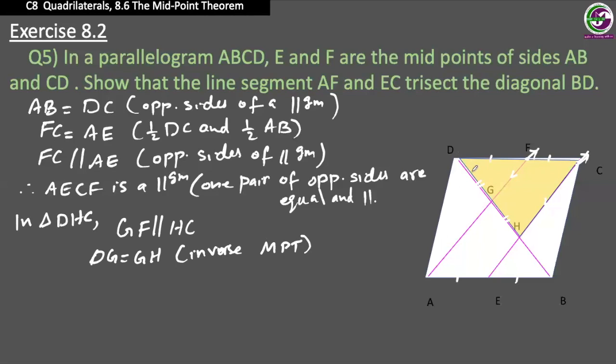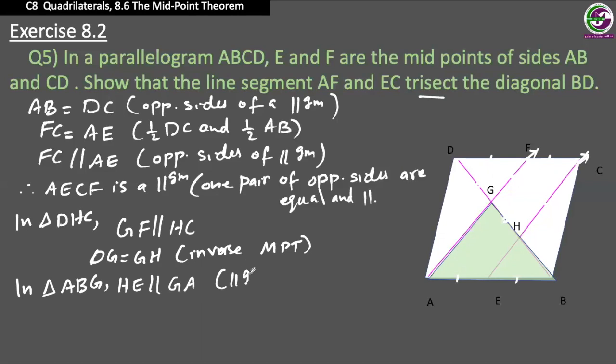So we found that DG and GH are equal. Now we also have to show that GH and HB are equal so that DB is equally cut into 3 equal parts. That's what we have to prove. Now for that, we have to consider the triangle ABG. In triangle ABG, also we know that HE is parallel to GA because it's a part of a parallelogram.